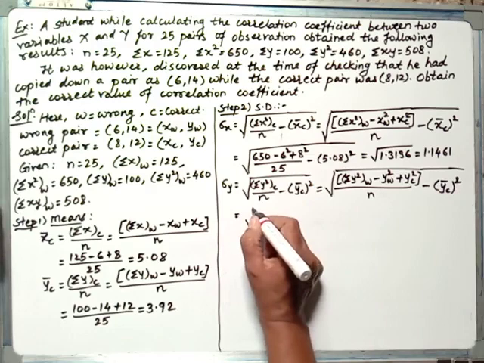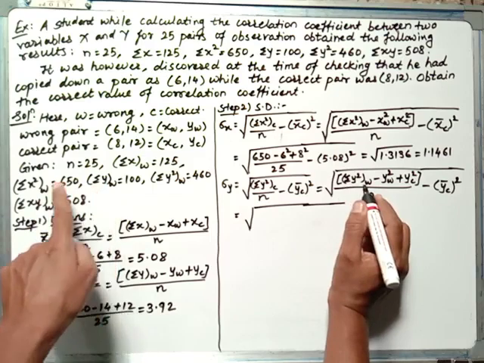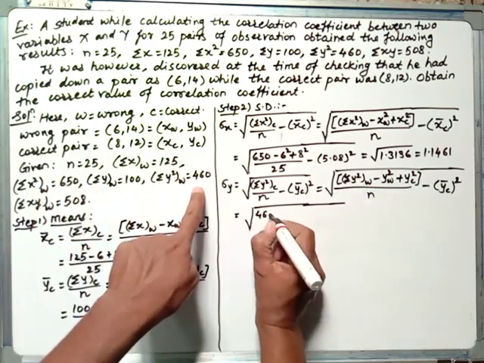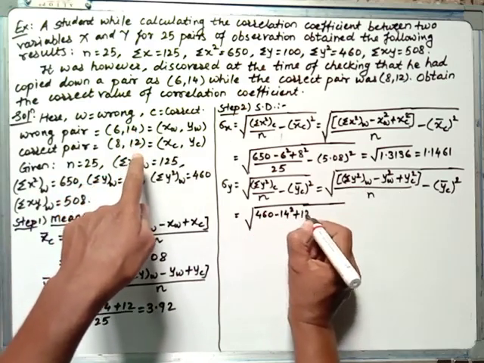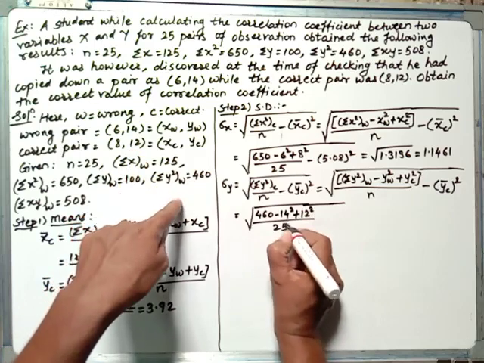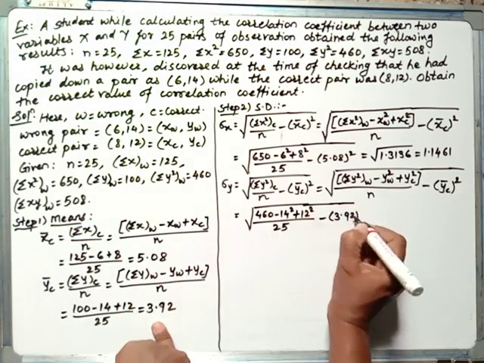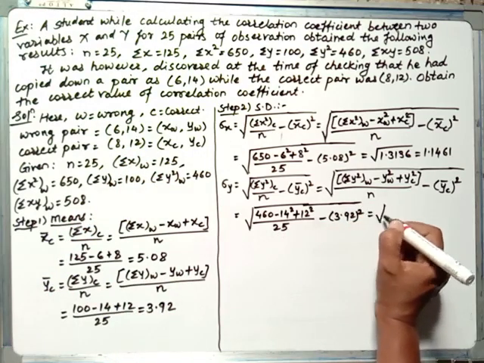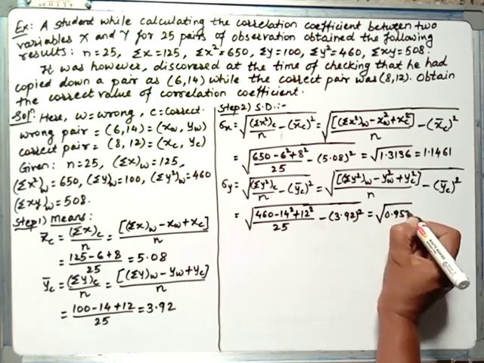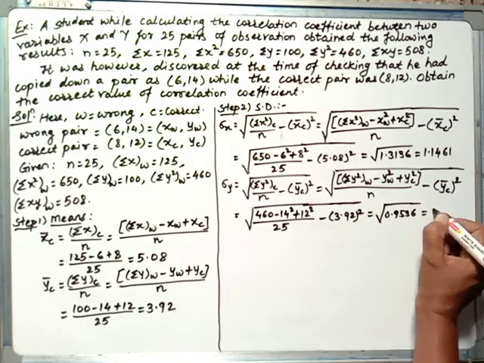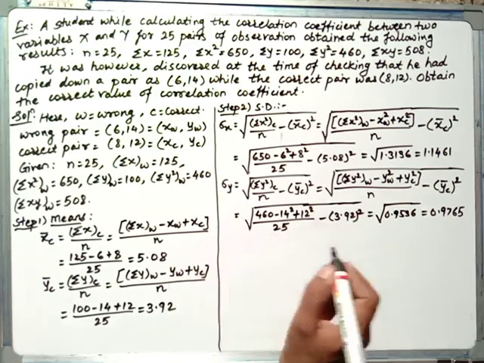So this is root of 460 minus 14 square plus 12 square upon 25, minus 3.92 square. So this is root 0.9536 and that is 0.9765. You can check that.